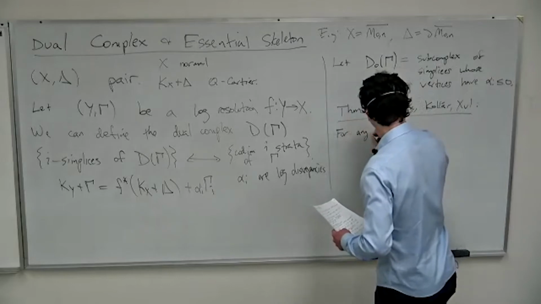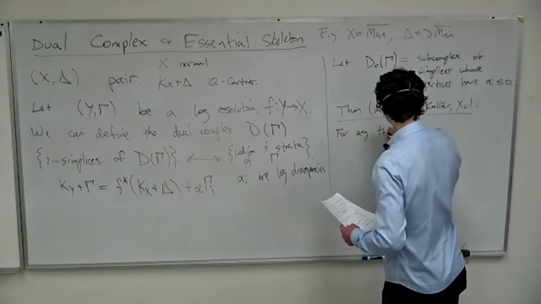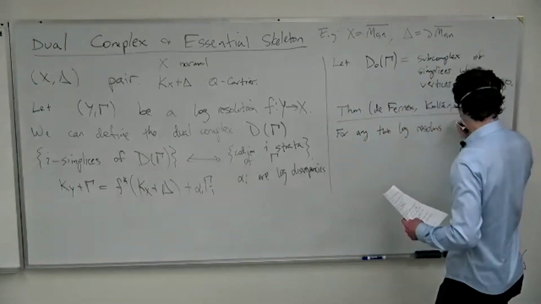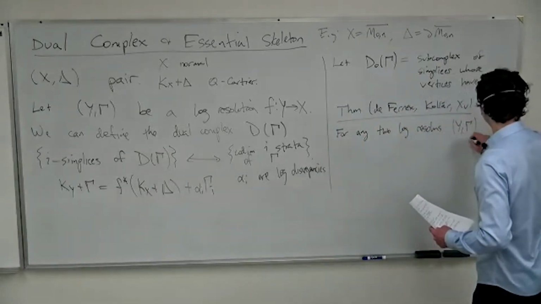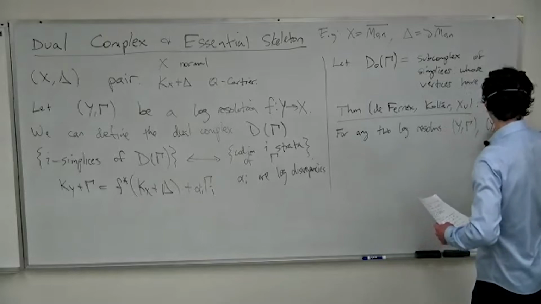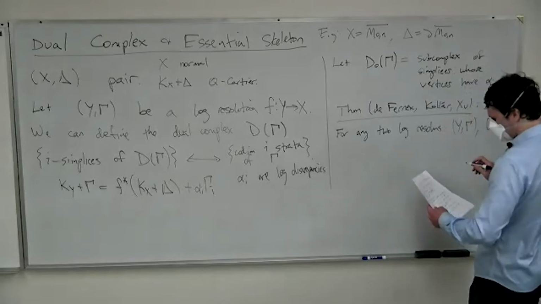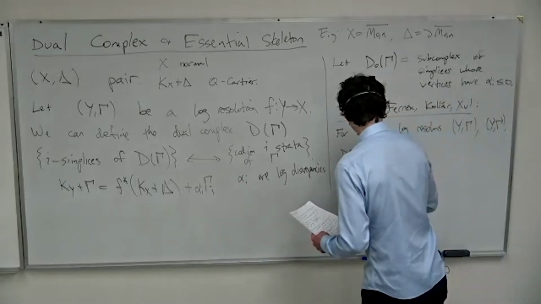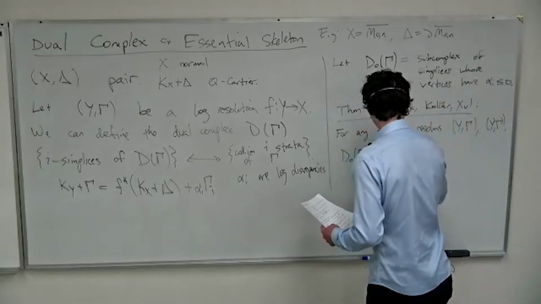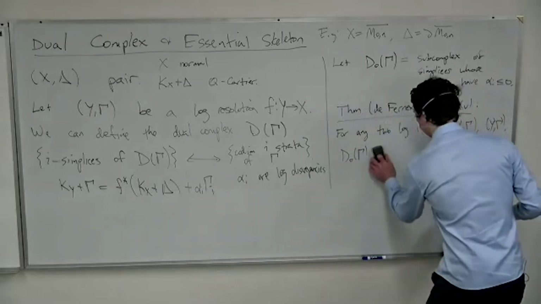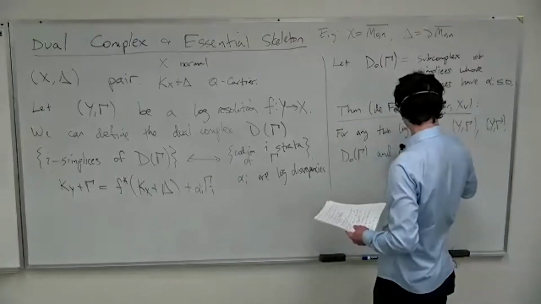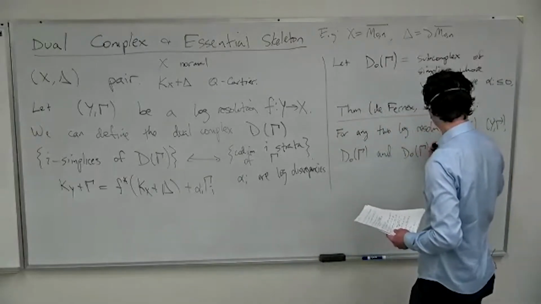For any two log resolutions, y gamma and y prime gamma prime, we have that these complexes are homeomorphic. I don't know if I prepared a symbol for homeomorphic, so let's just write it in English.